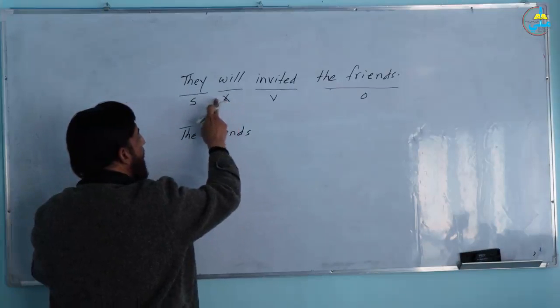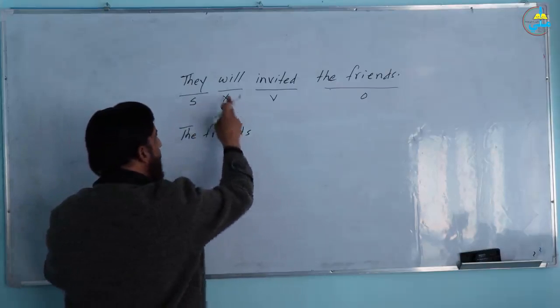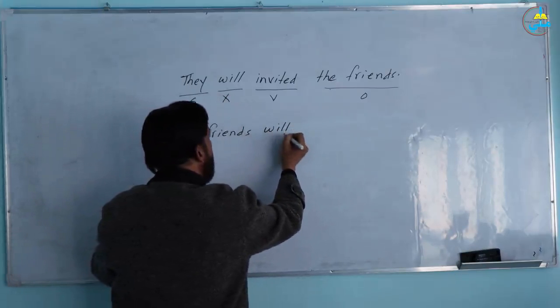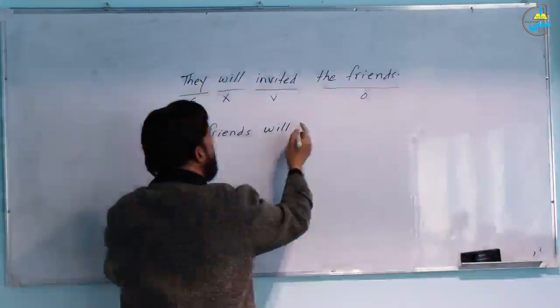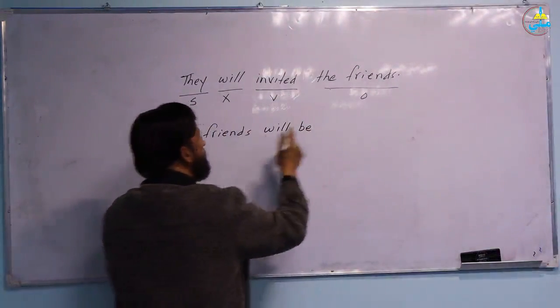Since the active sentence has an auxiliary or helping verb, we use this will. After will, we use the verb to be, will be, and the main verb is invited.